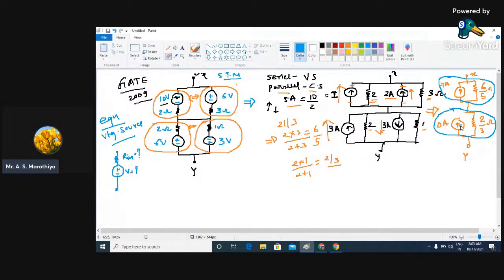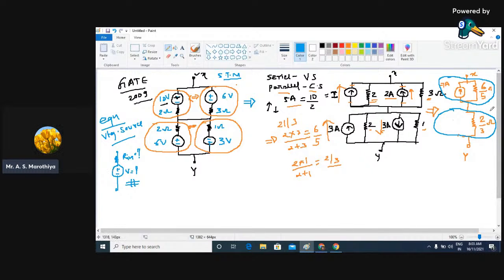We don't have any element over here. So it is simply a 2 by 3 ohm resistor connected in series with this practical current source. Now see here, what is our objective? Our objective is to convert this entire network into an equivalent voltage source.